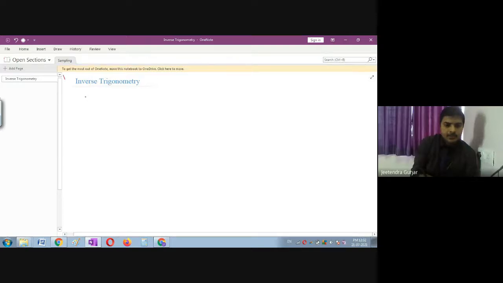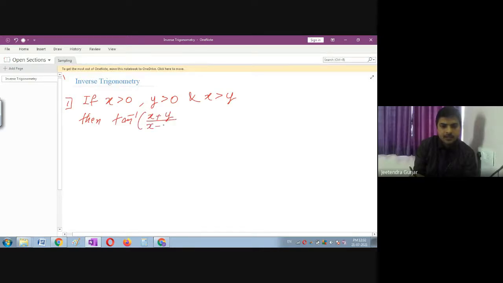Let's take the first example. If x is greater than 0, y is greater than 0, and x is greater than y, then can you easily tell me that tan inverse (x plus y) divided by (x minus y) plus tan inverse x divided by y is equal to?